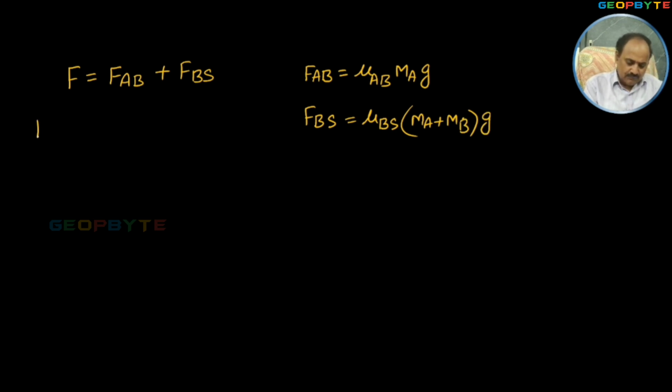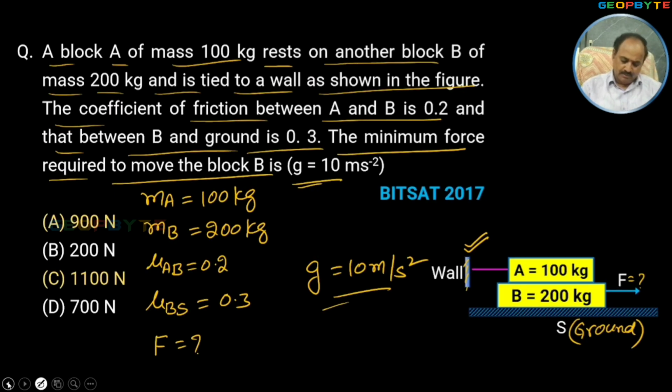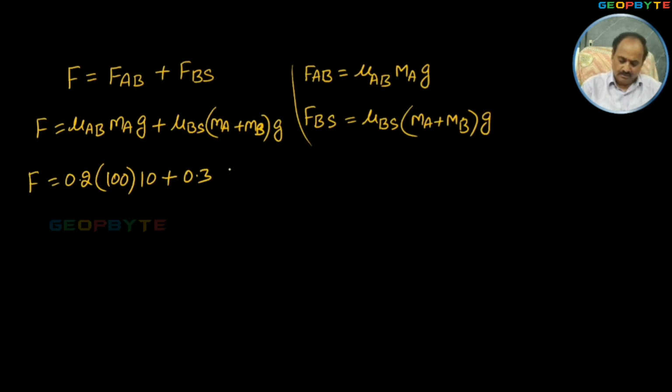Okay, that frictional force F equals mu AB into MA into G plus mu BS into (MA plus MB) into G. Right, now simplify it. F equals mu AB given 0.2, MA 100 into G 10, plus mu BS, between B and surface, 0.3 into (MA 100 plus 200) into G 10.